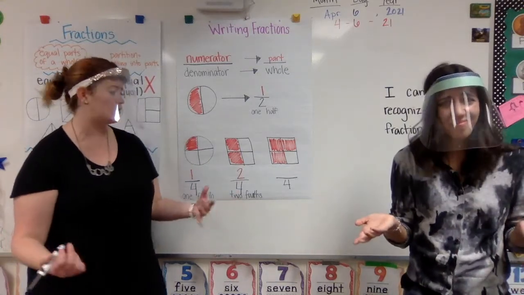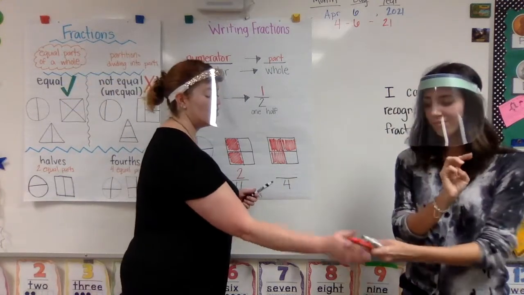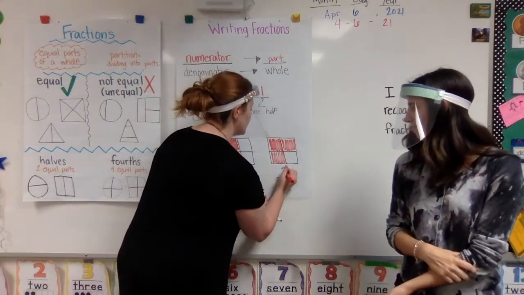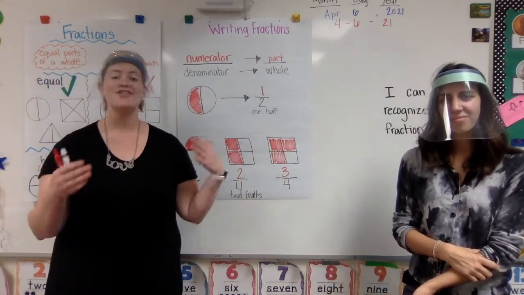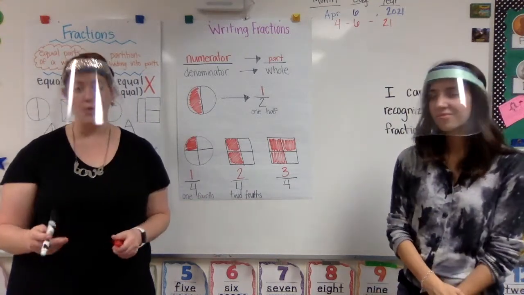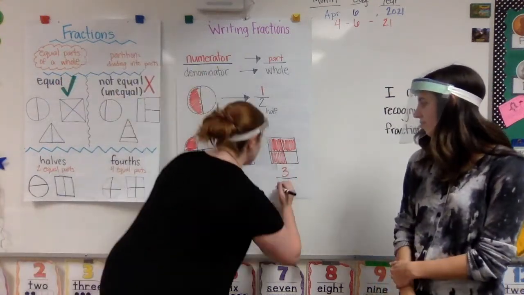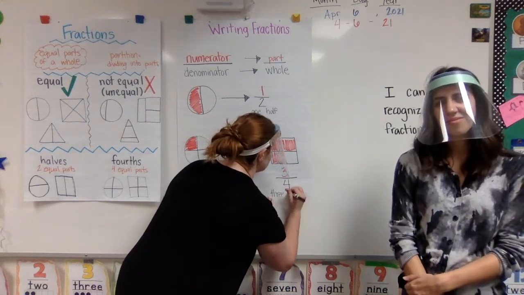How many are shown? Well, I have 1, 2, 3 as my numerator. So I'm going to put 3 on top. So this fraction is showing me 3/4 because 3 pieces out of 4 have been colored in.